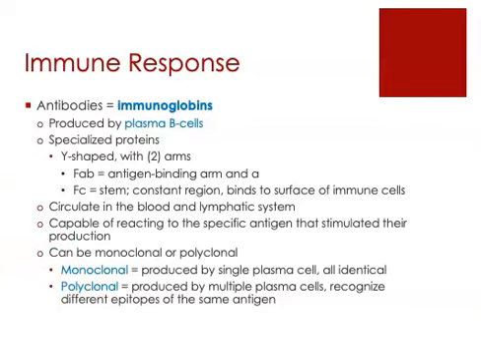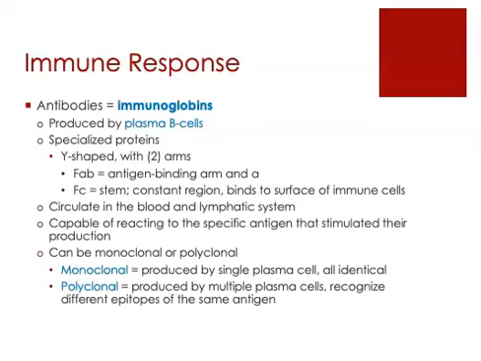When you hear an antibody described as monoclonal, what that means is that it's an antibody that was produced by a single plasma cell. In other words, all of the antibodies that get produced by a single plasma cell are going to be identical to each other.